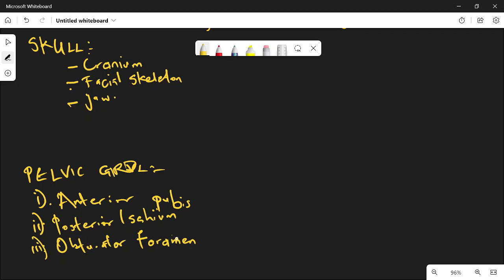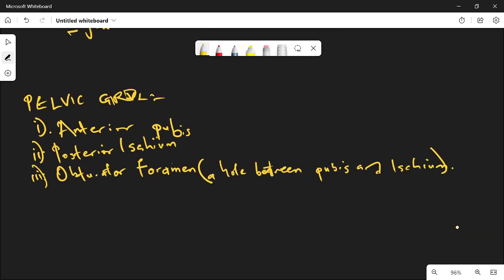The obturator foramen is a hole between the pubis and the ischium.